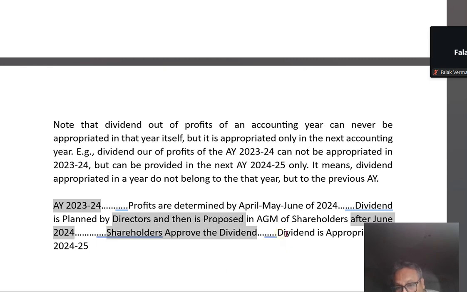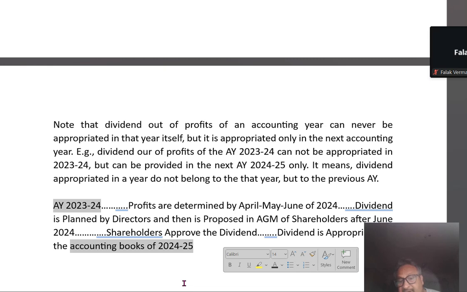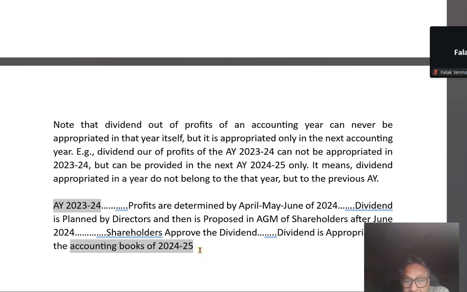Once they approve, then only dividend is appropriated, that is recorded in books. So it means dividend of this year is being recorded in accounting books of not this year but of the next accounting year, that is 24-25.